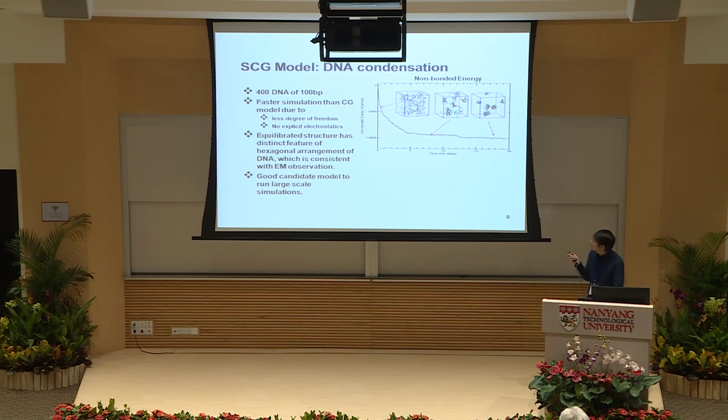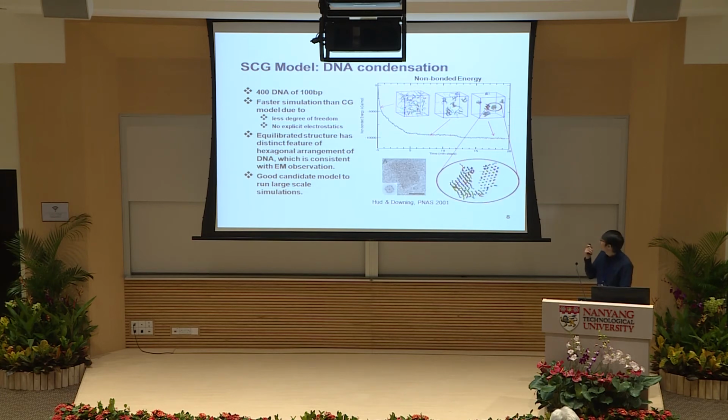The energy profile is very similar to the previous simulation, rapidly decreasing at the beginning, then reaching equilibrium after about 15 million steps. In this simulation, DNA molecules come together, forming condensates, and you can see a lot of condensed DNA particles.